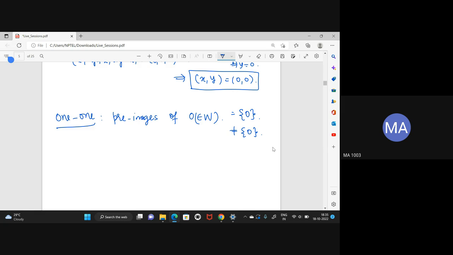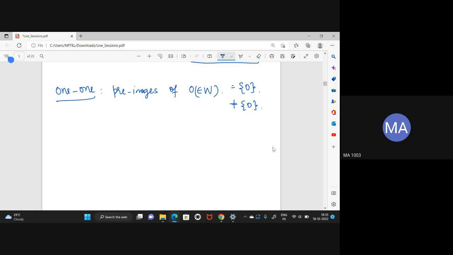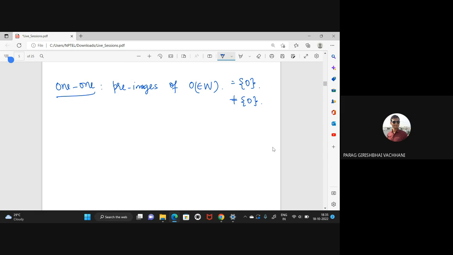Right? So this set is nothing but the kernel of a linear transformation. The kernel of T is nothing but the pre-images of the 0 vector. So it is the set of all vectors that get mapped to the 0 vector.